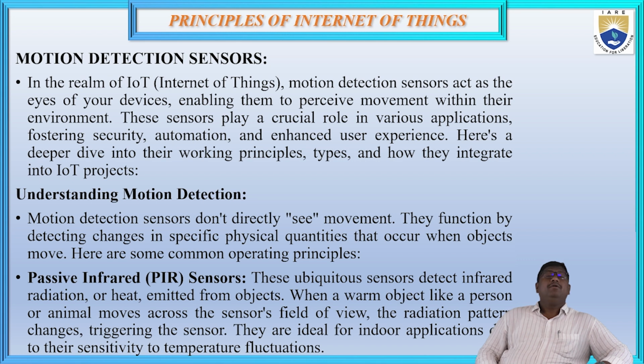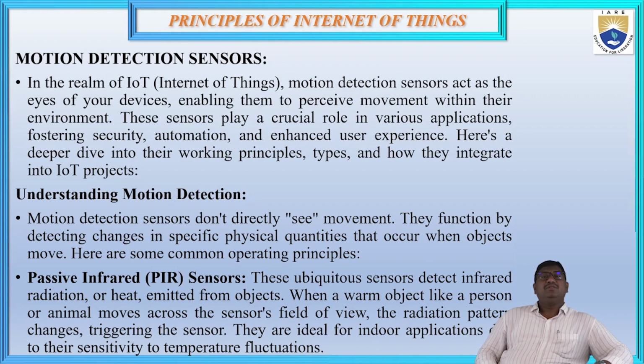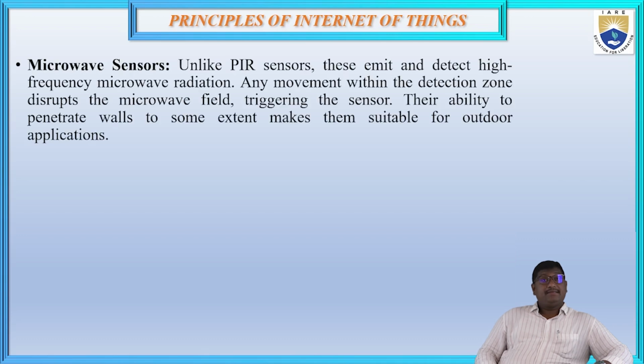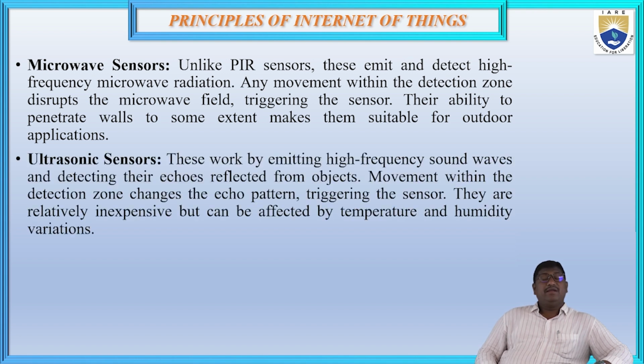That is how things are measured in motion detection sensors. PIR, passive infrared sensors, detect the infrared radiation, the heat emitted by objects, so that it is easy to detect motion. Microwave sensors, unlike PIR, detect high frequency microwave radiation. And coming to ultrasonic sensors, which emit high frequency sound waves and detect the echoes reflected from objects, and movements within the detection zone change the echo pattern, which triggers the sensor. These are relatively inexpensive and effective.